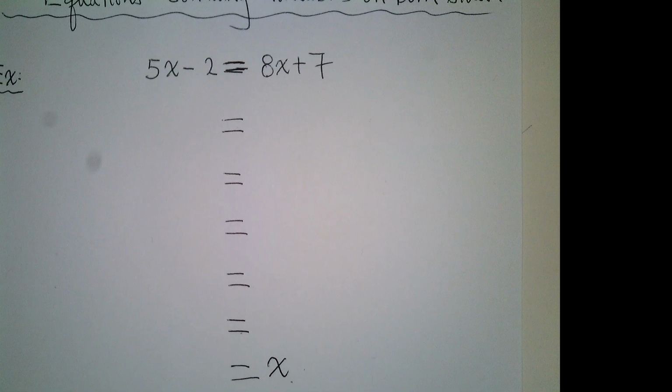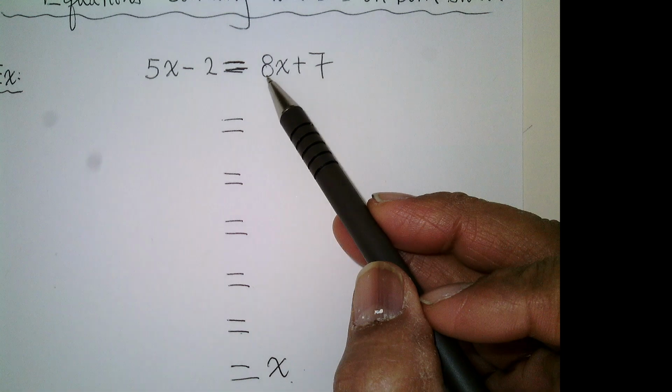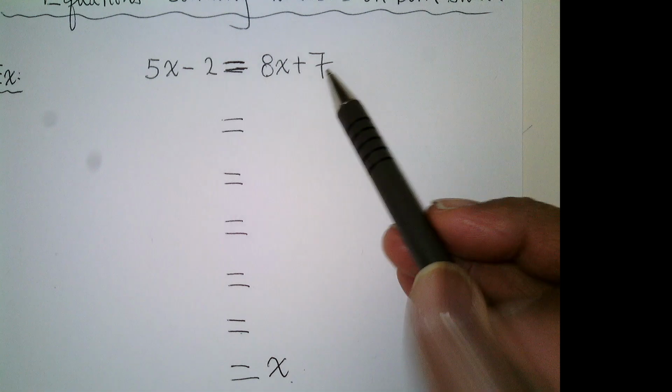It doesn't matter what type of equation you have to solve. At grade 11, you're going to learn quadratic equations, and you apply the same idea, isolation. Grade 12, isolation. What is the meaning of isolate? You want to separate the x from the number.